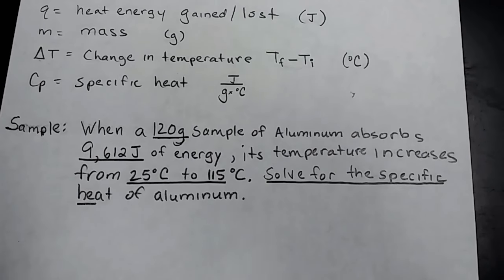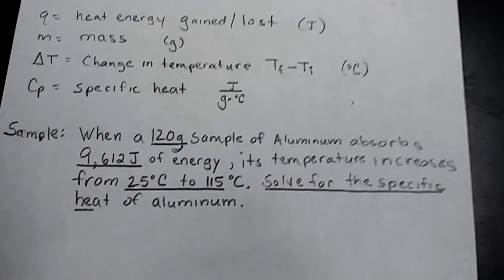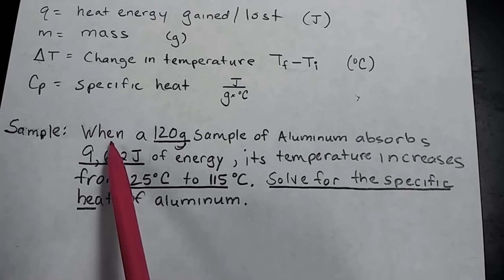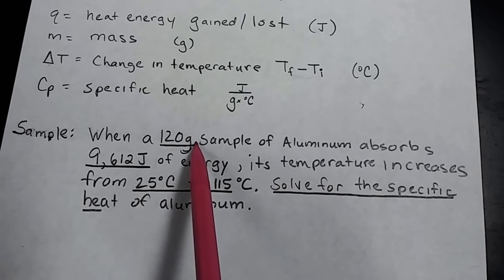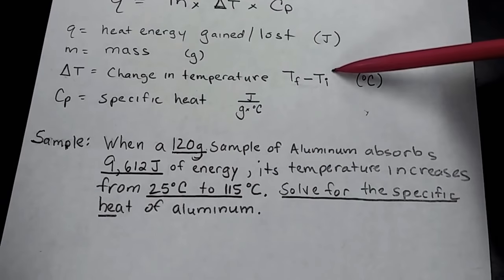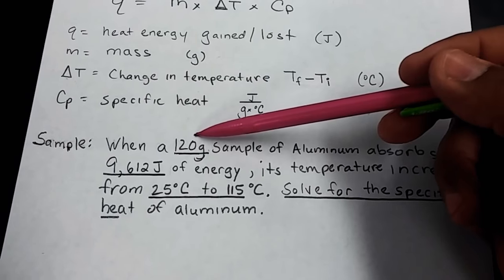Okay, so first of all, something I would suggest is going through the problem and underlining anything that has a number. So the first thing is 120 grams, and if you take notice of what I had written over here, if it's grams, then you know that's going to stand for your mass.